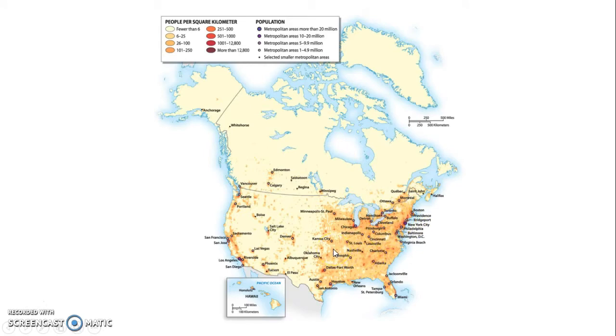But another reason, and probably a more important reason why most of the population is found here, is that this area has enough precipitation, enough rain to support agriculture, whereas there's almost a longitudinal line here called the 100th meridian, the 100 degree longitude, beyond which there's not enough precipitation to support agriculture. There's enough to support grass and cattle, but not agriculture, until we get to the west coast where precipitation again increases.